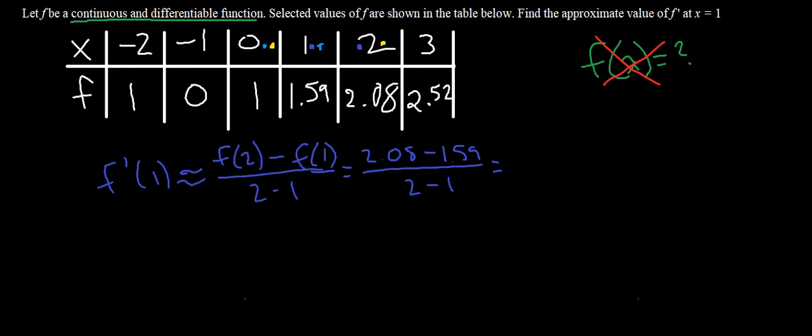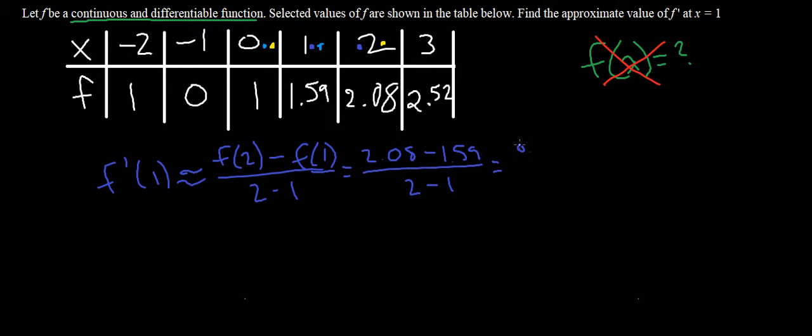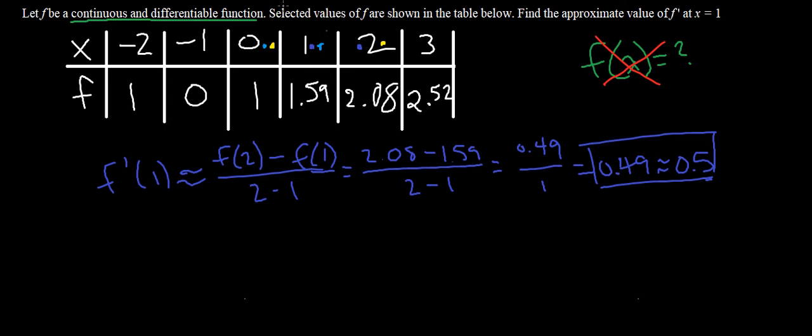If we refer to our calculator, 2.08 minus 1.59 gives us 0.49 over 1, or 0.49. We could even round it and say that's approximately 1/2. So if we use the points x equals 2 and x equals 1 to approximate the derivative, we get that slope.